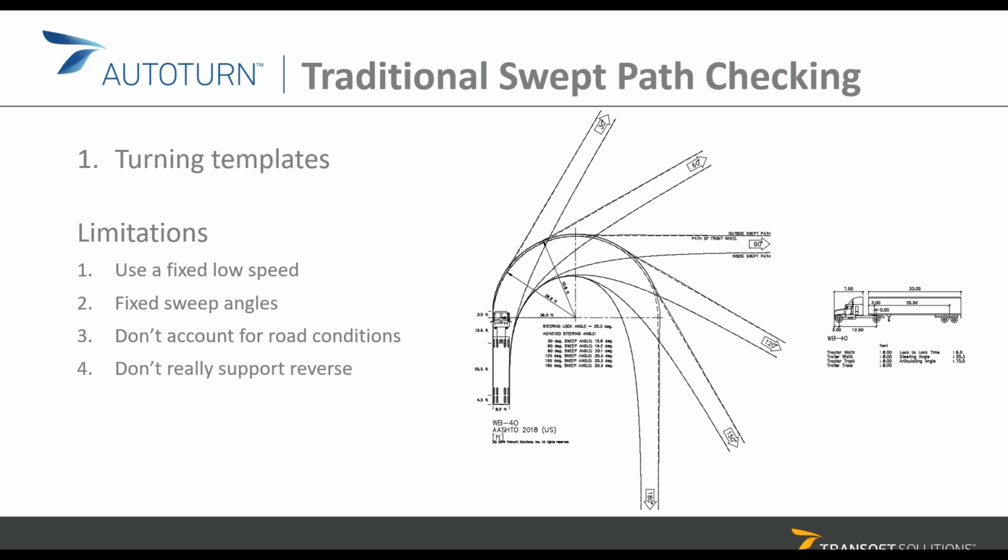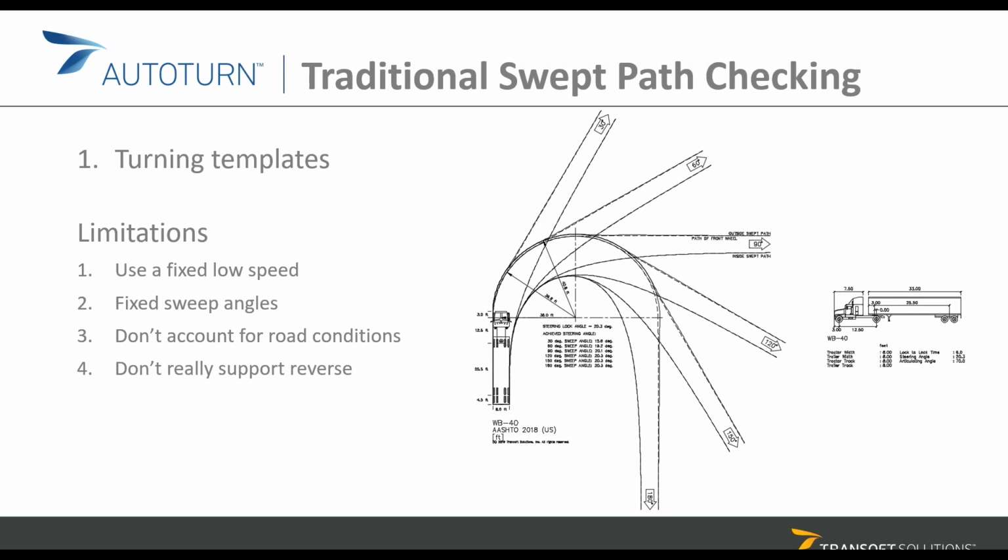Essentially, the way they capture how these vehicles turn is through turning templates. What you'll typically see in a turning template is the design vehicle and different preset angles or types of turns and the different radii for curb to curb, wall to wall, center line, or even inner turn. For those of you that are not aware, design vehicles are typically larger vehicles intended to represent most of the vehicles within their class.